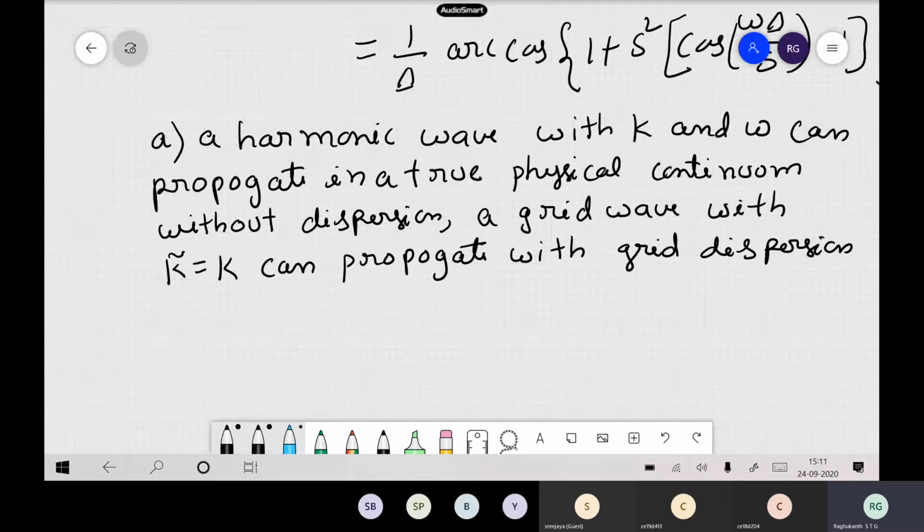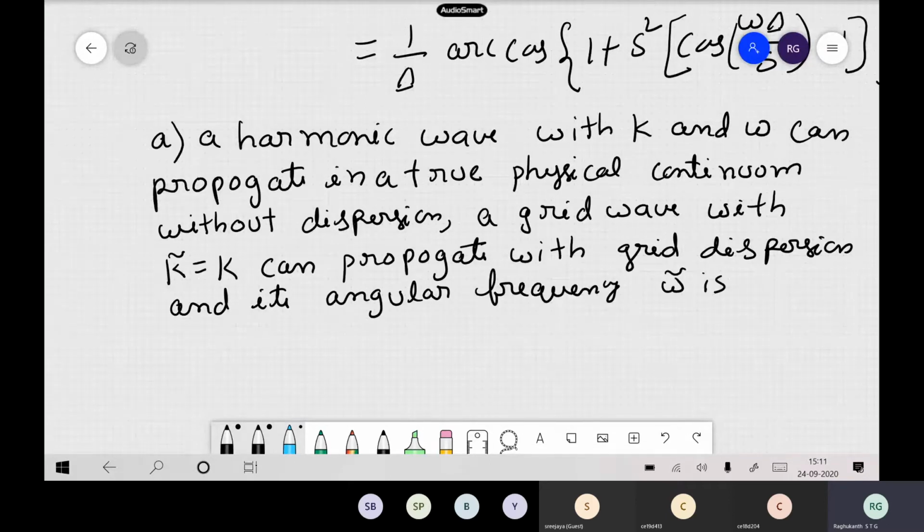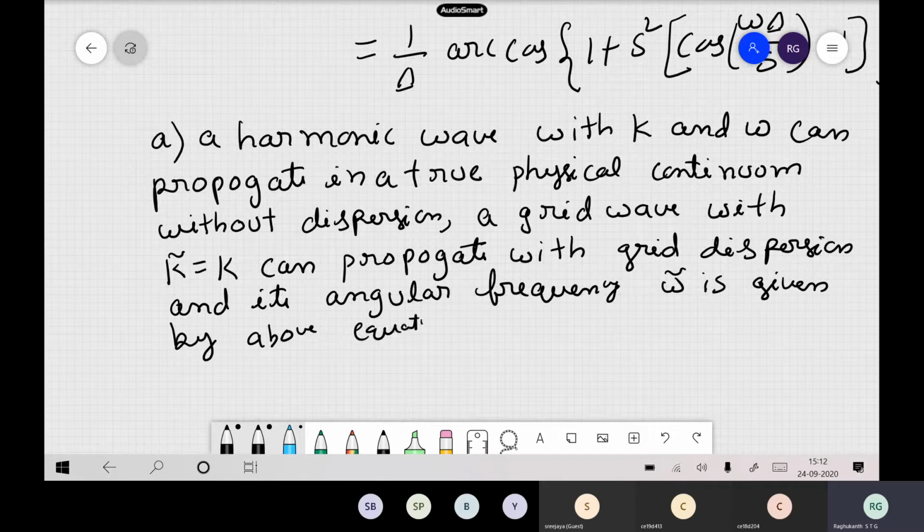And its angular frequency is given by the above equation. You followed. So this is an observation actually.